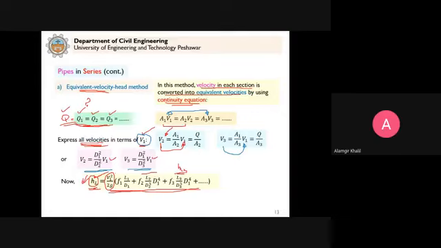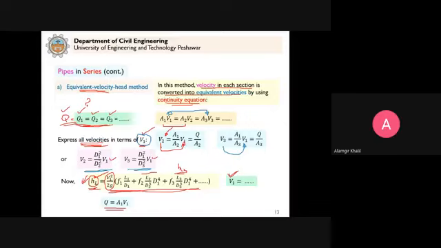So now the only unknown in this formula is what? This is V1. Clear? V1 is unknown.